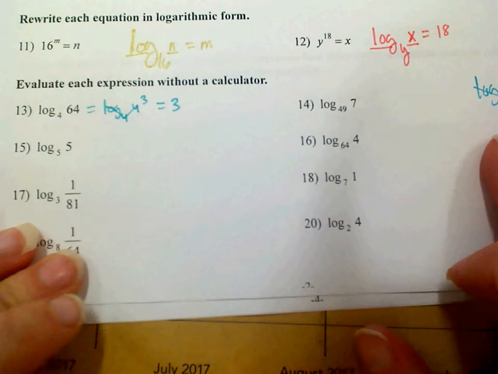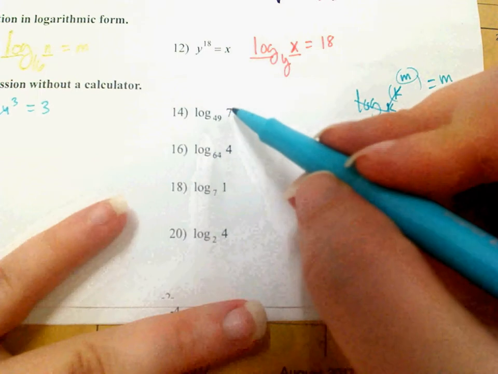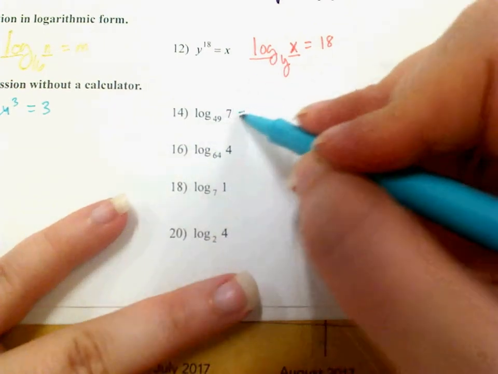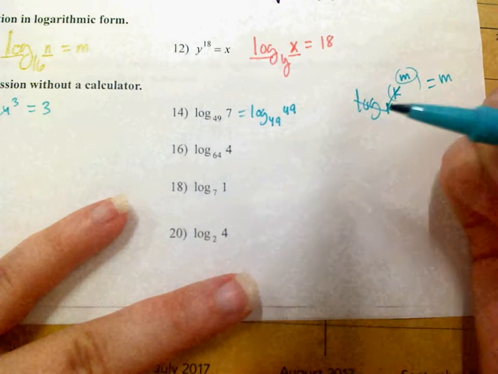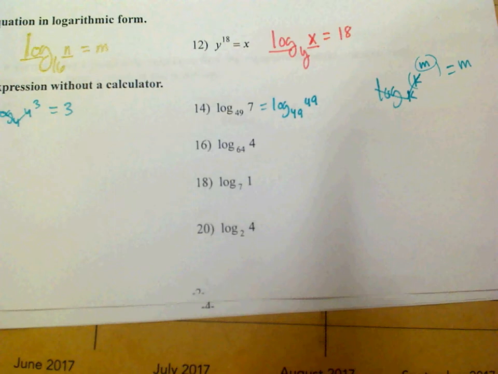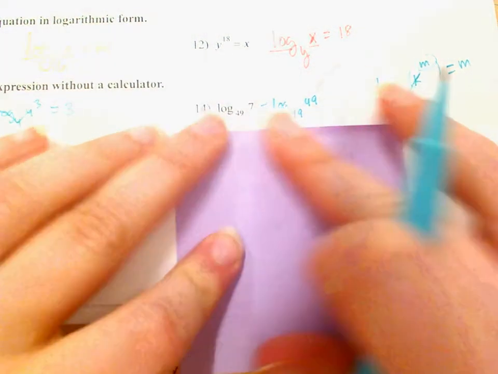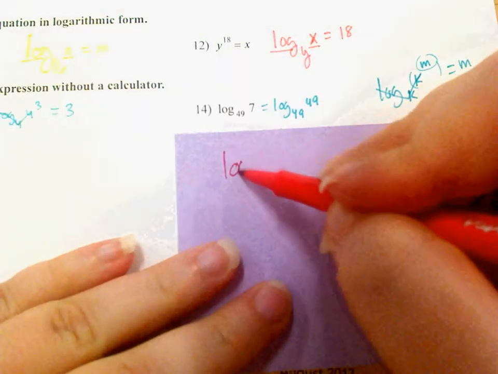Okay, number 14. I need to be able to rewrite 7 as 49 to some power. So when I think about this, let me see this. If I were trying to solve this, then I would say, okay, log, so you can think of it like that. Log base 49 of 7 equals what?